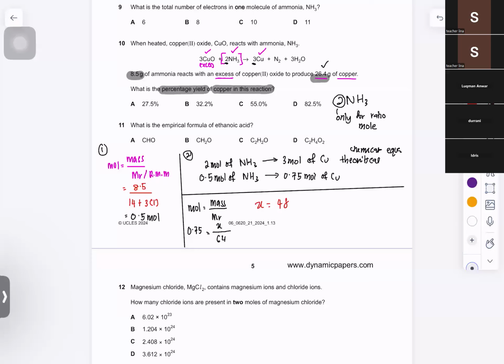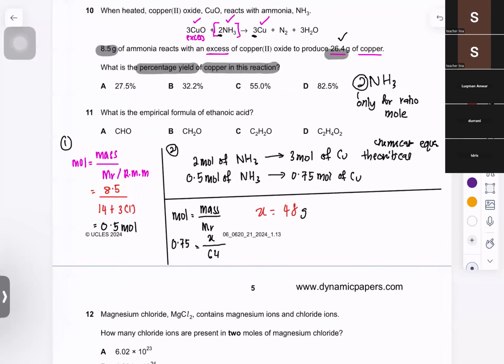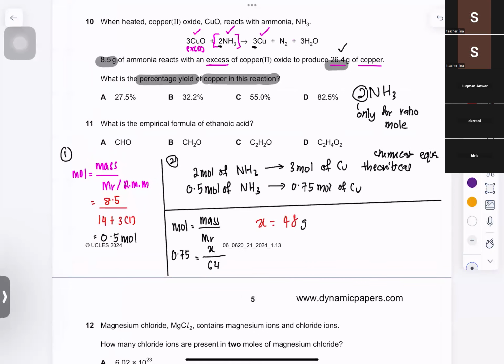So for the percentage yield, from the calculation, when you take 8.5 gram of ammonia, supposedly in the experiment you get 48 gram. But in the experiment, you just get 26.4 gram.